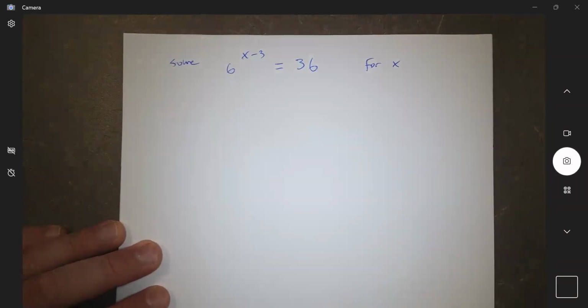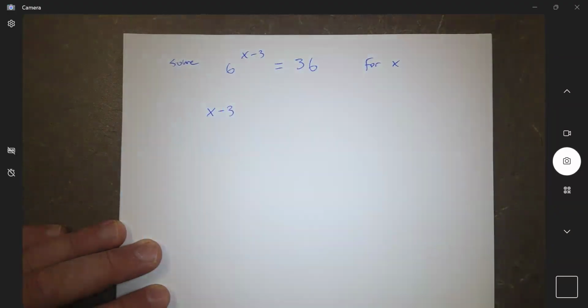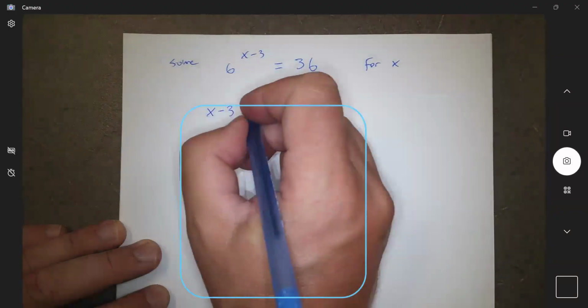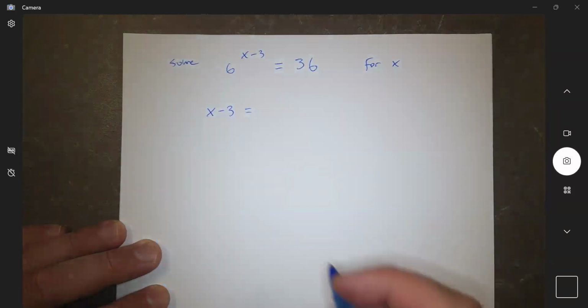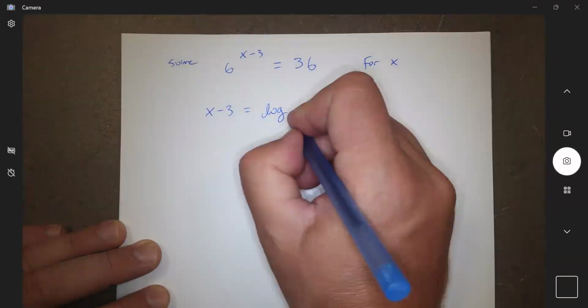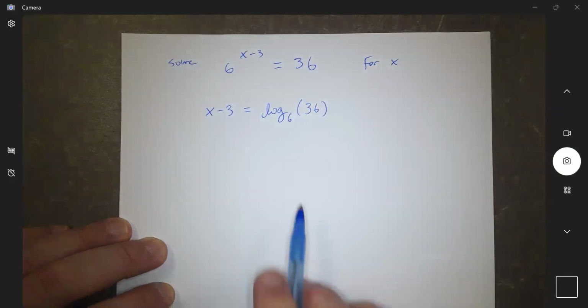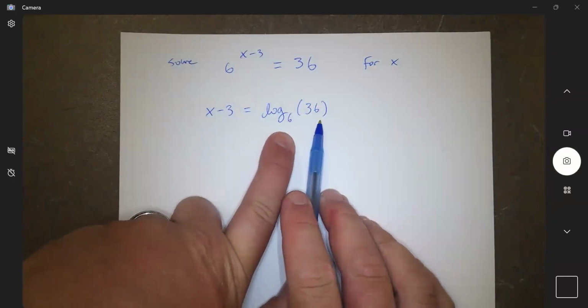So what am I looking for? I'm looking for a power. So x minus 3 is the power. X minus 3 is the power, the equal sign, the log symbol. And what power does x minus 3 go on 6 to give me 36? Now, if you don't happen to know what that power is, that's what a calculator is for.